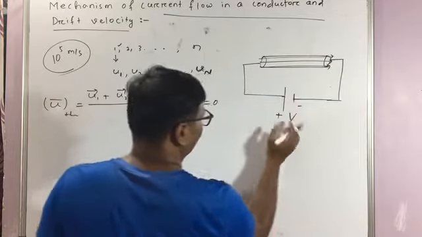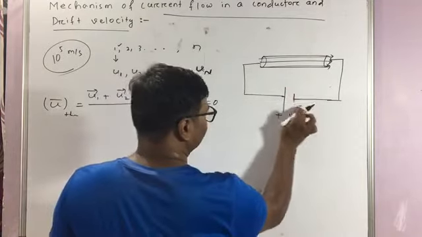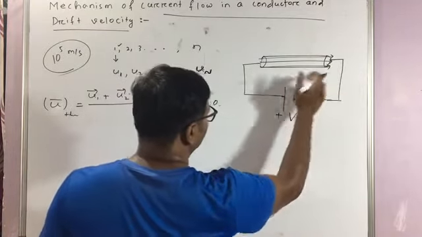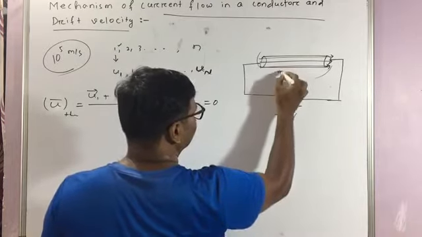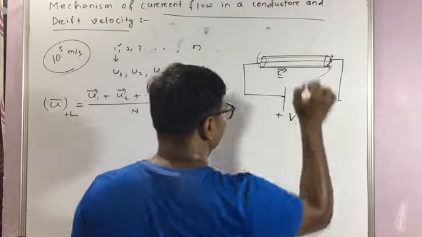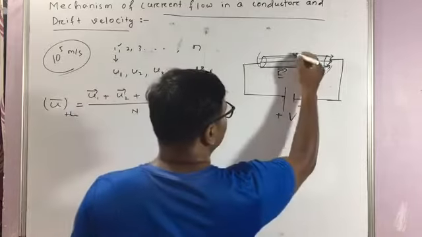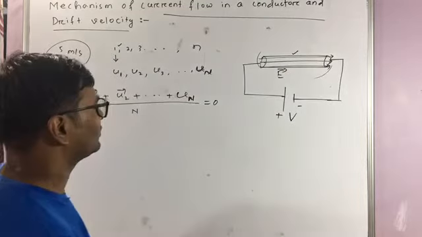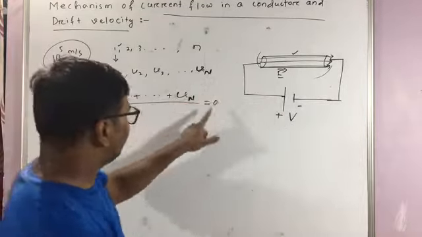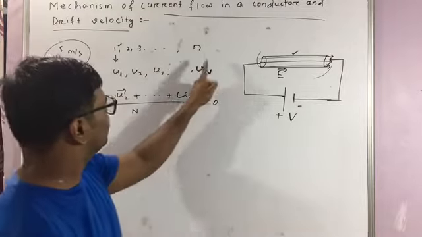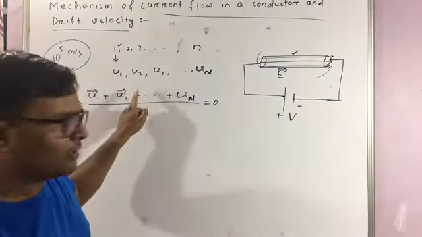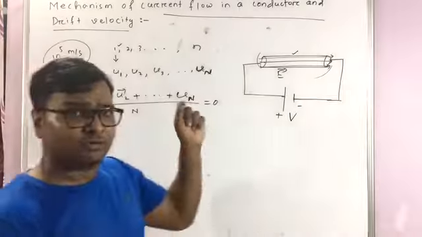Try to understand. Here it is a higher potential, and this side is connected to the lower potential. So a field is set up from higher potential to lower potential. So let us consider the conductor now. See, no one has control over this thermal velocity. That depends on the temperature.